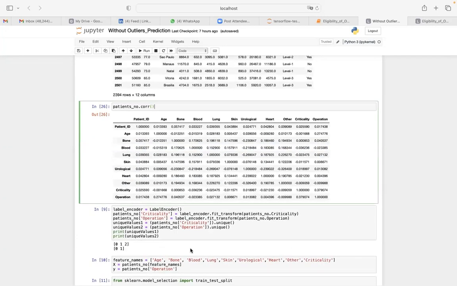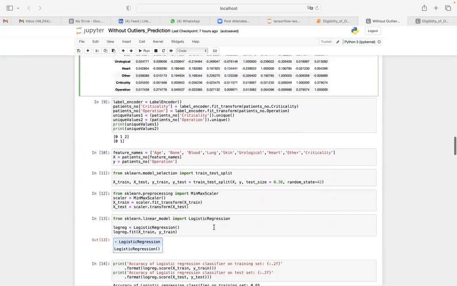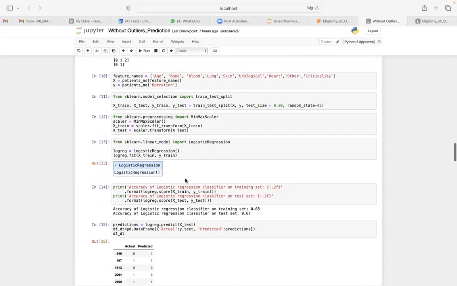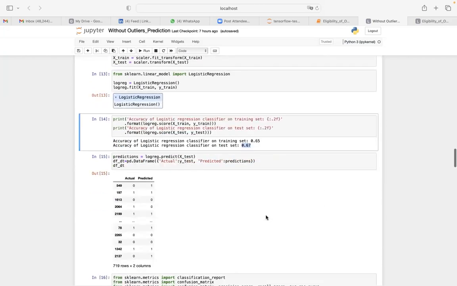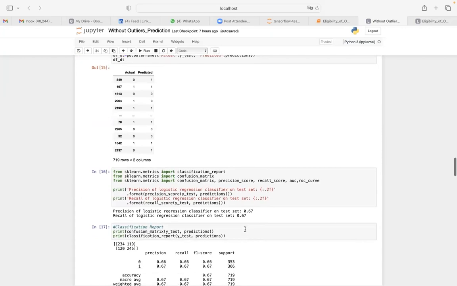Okay, now we do the label encoding. As we did last time, we do the train test split, we do the scaling, and we call the logistic regression, and we saw that it is giving us 65, 67, and a recall and precision of 67.